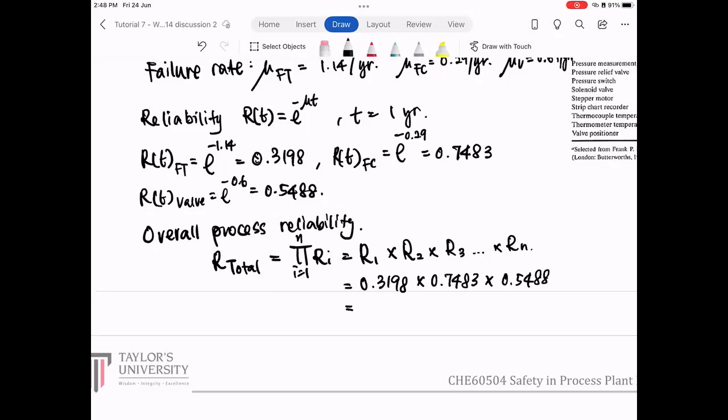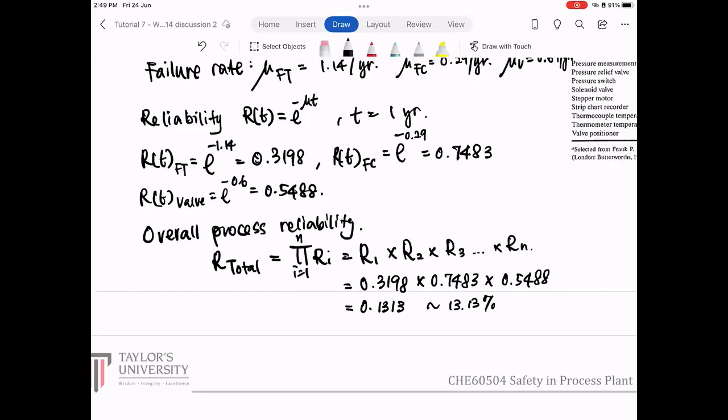Okay, so what do we get? I get something like 0.1313, which is 13.13% of reliability.